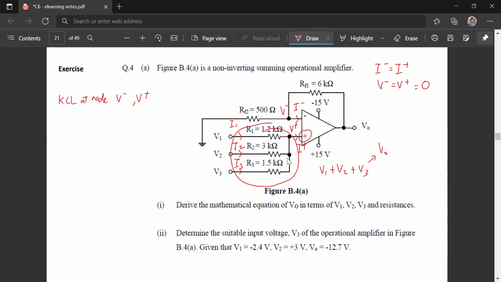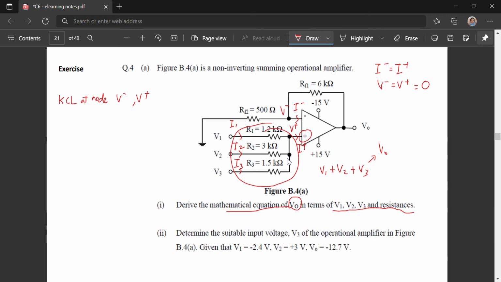Then the question asks to derive the mathematical equation of V out in terms of V1, V2, V3 and resistances. Here it means you don't need to replace the R value or V value. You just put R1, R2 or R3, RF1, RF2 in your answer.